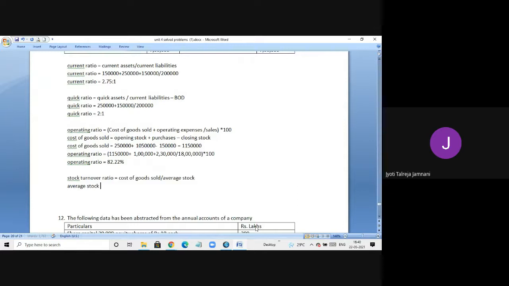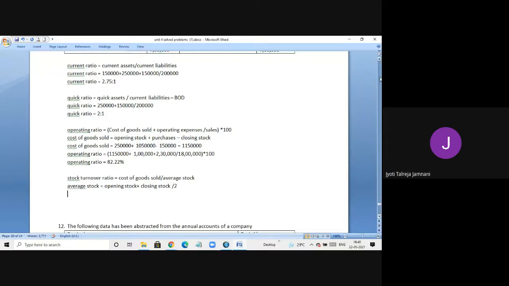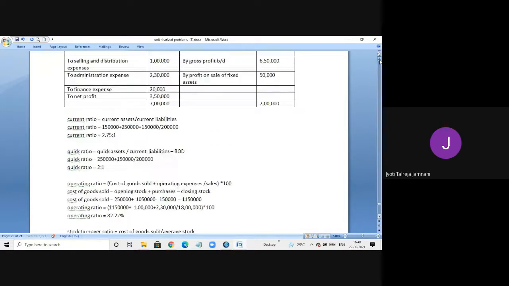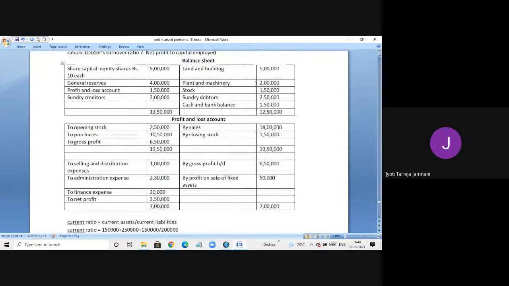The formula for average stock is opening stock plus closing stock divided by 2. If you look at your P&L account, you have the value of both. In the balance sheet, there is only closing stock given, but in the profit and loss account, they have given us the opening stock value and the closing stock value both. When it is given in the question, whether in P&L or balance sheet, if you have opening and closing both values, then you have to take the average of it in case of turnover ratios.